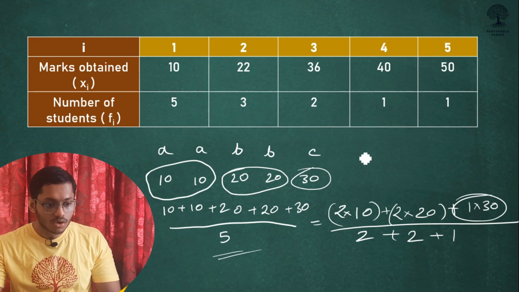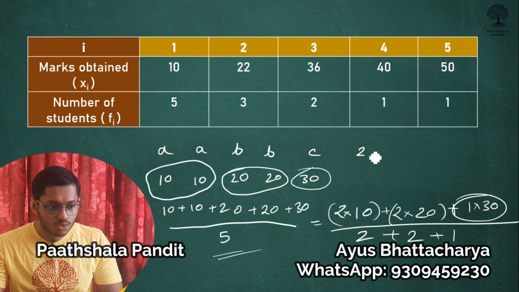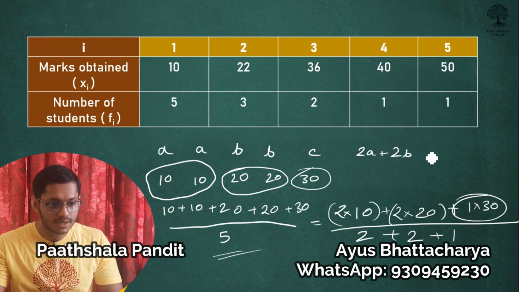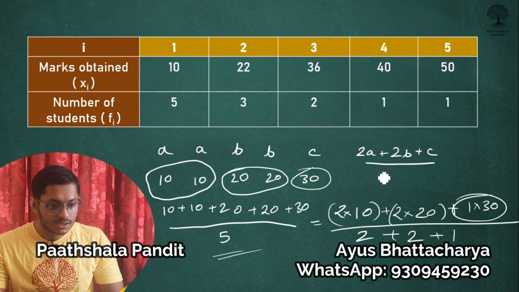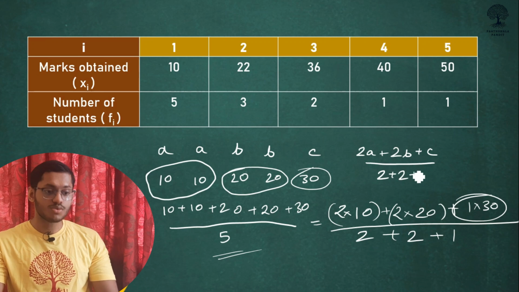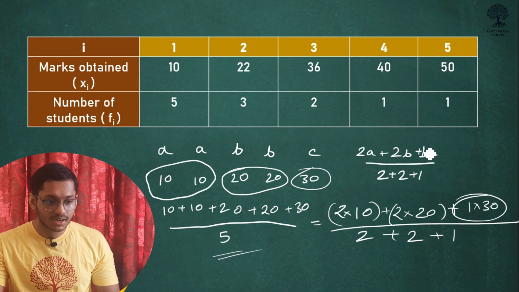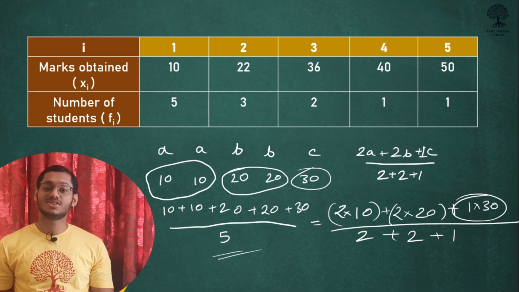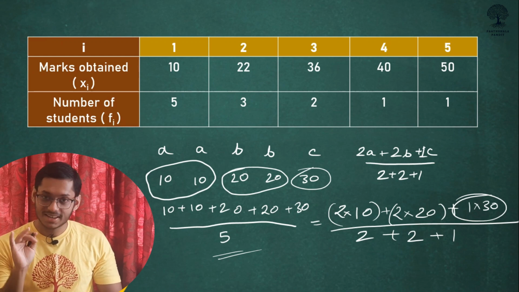So can I write it like this: 2A plus 2B plus C, divided by 2 plus 2 plus 1? Let me write 1C here so that no confusion remains. I can write it like this.